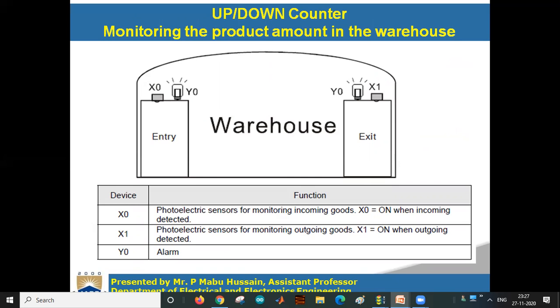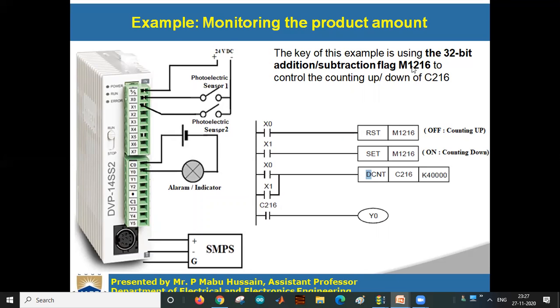So what you have to do is, this M1216 has to be off. Whenever X0 is on, you have to reset M1216, right? Then this C216 will count its value by 1 up.